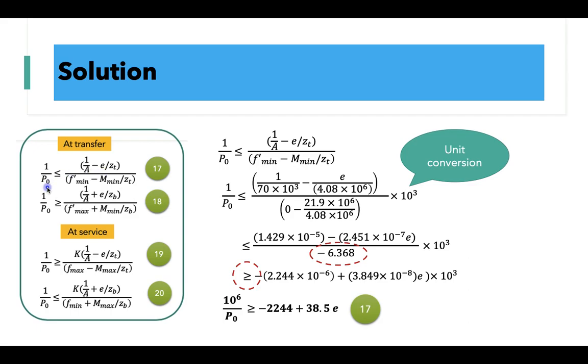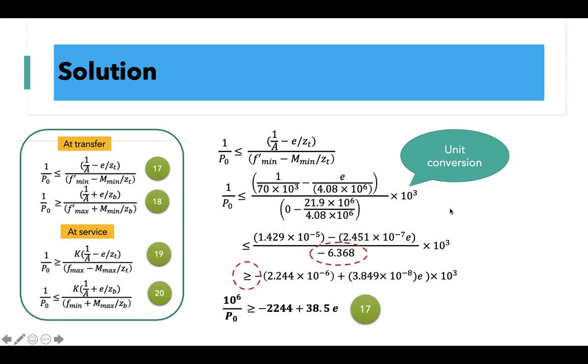So we are going to have 1 over P naught and also the E value, so we have a linear relation between these two values. So we have A, then we have ZT, we have F prime minimum, and also M minimum, and also ZT. What we are going to do is substitute the values into this equation. But as you can see here, there are a few unit conversions that we have to undergo.